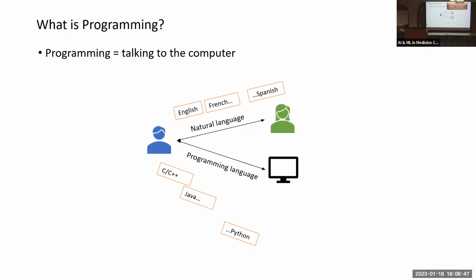So different languages have different syntax, different grammars, just like natural languages. And in this course, we are learning Python. It's one of the most popular programming languages, and its popularity has increased after the introduction of machine learning and artificial intelligence. Python's library is one of the most used libraries in this area.